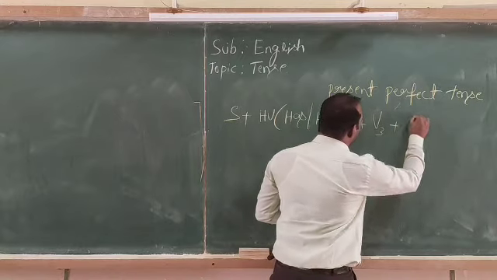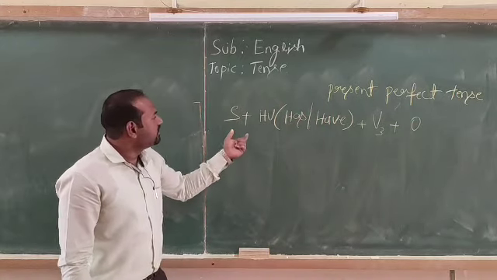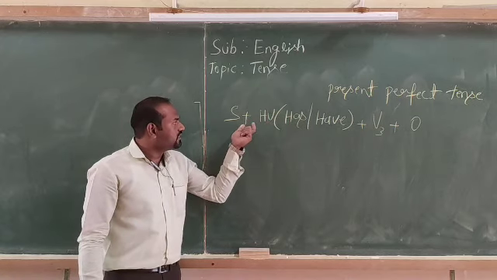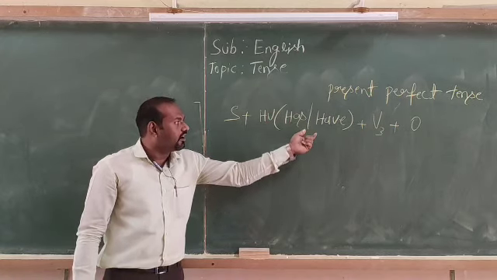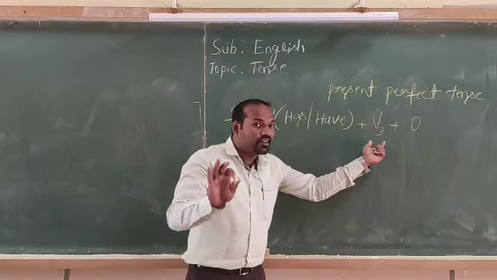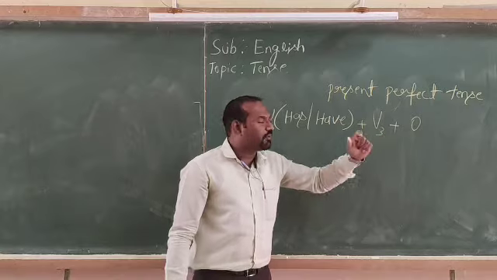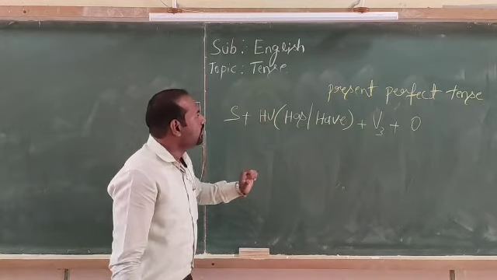V3 plus object. So the structure is subject, helping verb, either has or have, V3, which is compulsory here, the verb in third form or past participle form, and object.